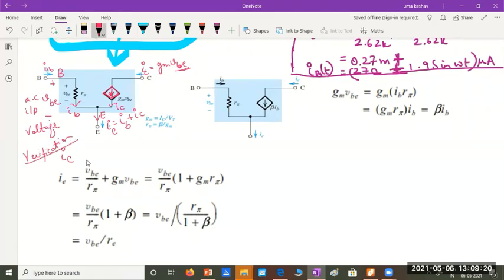Please go through this. IE is equal to IB plus IC. How do you represent IB? VBE by R pi. Remember, the voltage from here to here is VBE, the resistance is R pi, IB is the current flowing, and this IC is GM into VBE. So all you have to do is take a common factor and simplify.